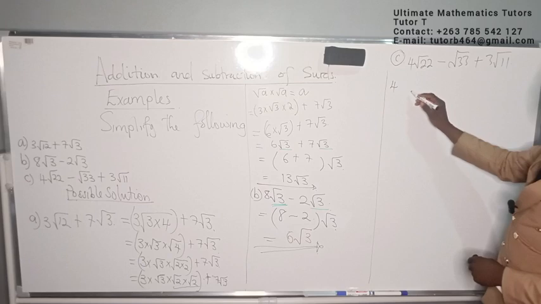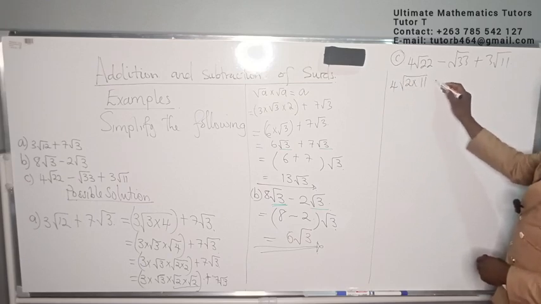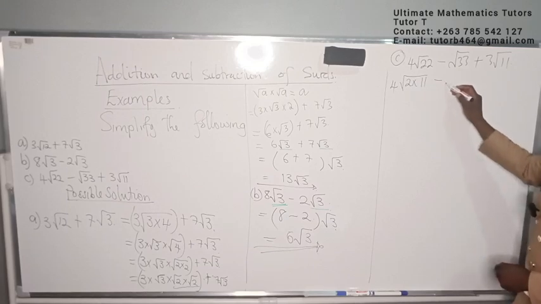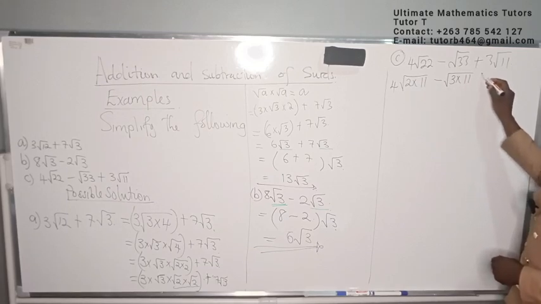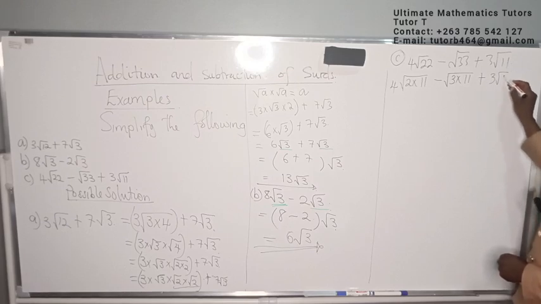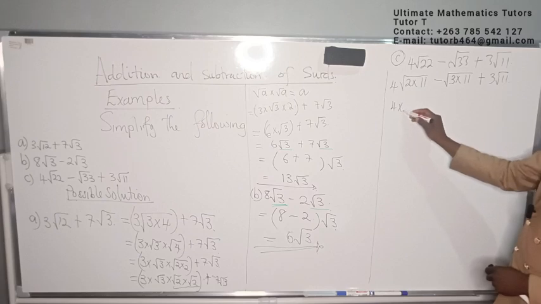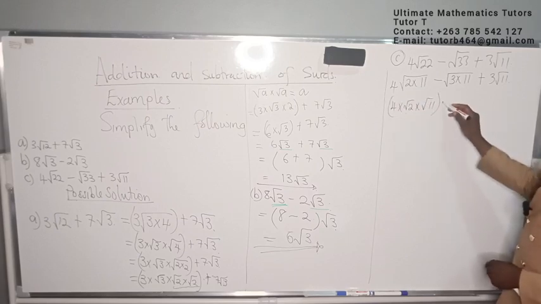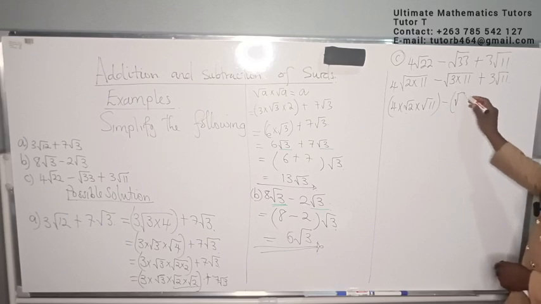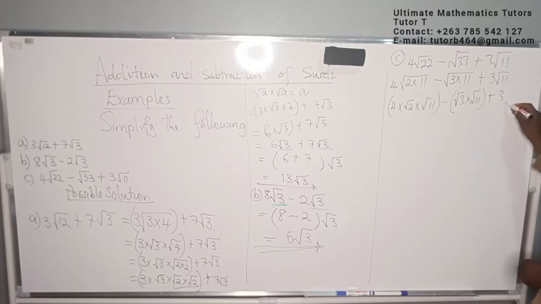So this is 4 root of 2 times 11 minus root of 3 times 11 plus 3 root of 11. This is the same as 4 times root of 2 times root of 11 minus root of 3 times root of 11 plus 3 root 11.